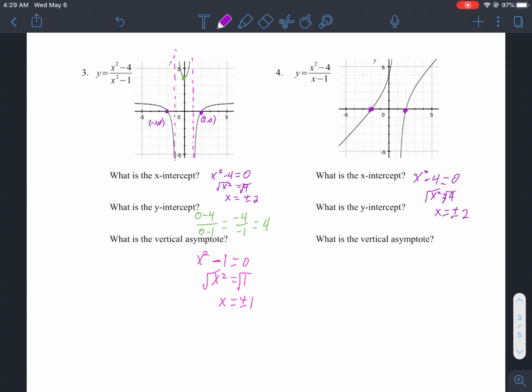Sure enough, plus or minus 2 works. Y-intercept is 0 for all of your x's. 0 minus 4 over 0 minus 1. -4 over -1 is 4. That works. Oh, looks like the same as the last one. Except here, the denominator is different. There's only one vertical asymptote.